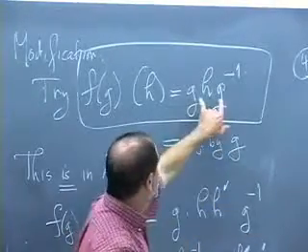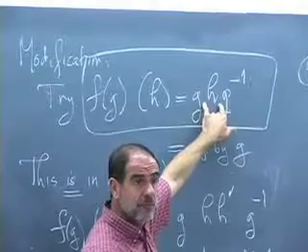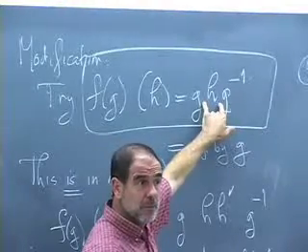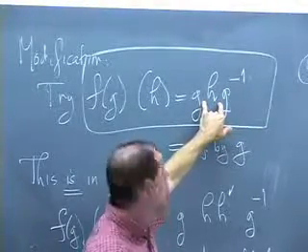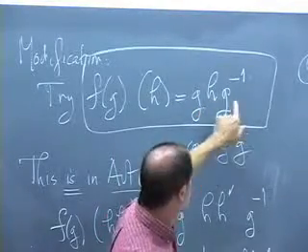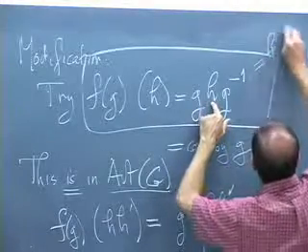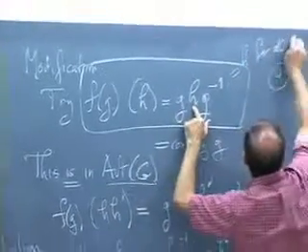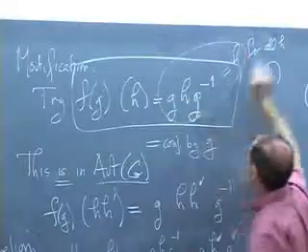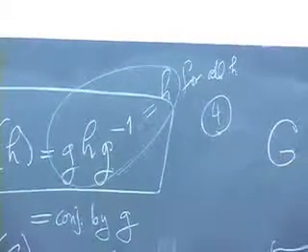What does it mean that this element is equal to H for all H? That's what I would have if I had the trivial automorphism: it would take every element in the group to itself. So I'm looking for the elements in G such that this is equal to H for all H. That would be the characterization of being in the kernel of this map. Yeah, back there?